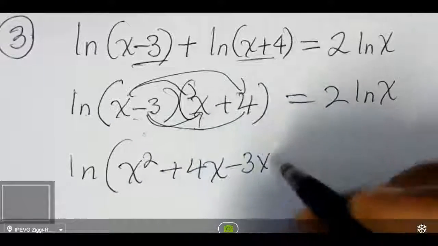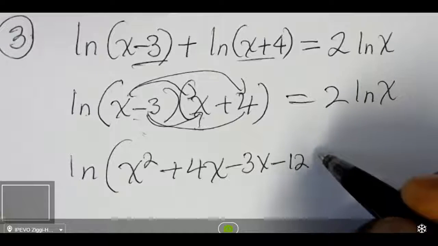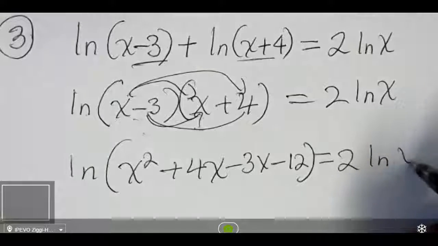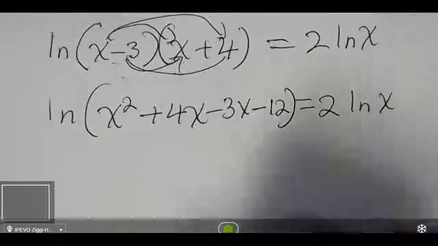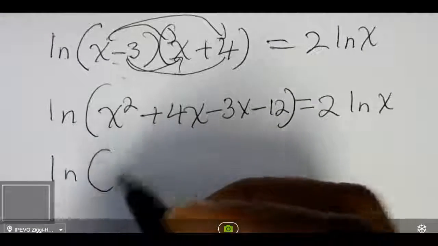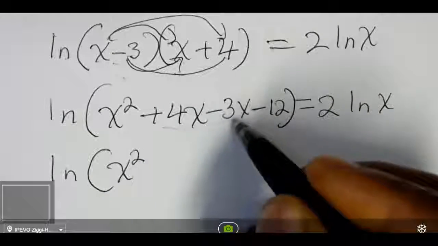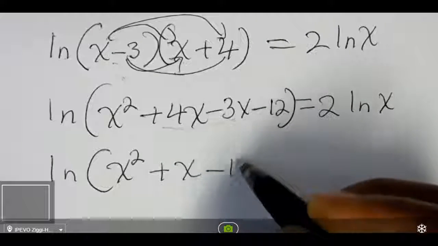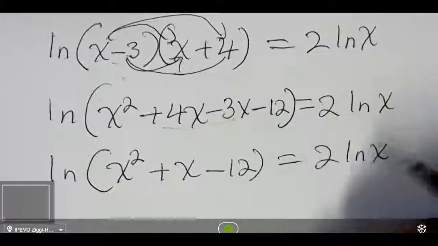And negative 3 times 4 is negative 12. Equals 2 natural log of x. Next we simplify that parenthesis. So x squared, 4x minus 3x is 1x. Then minus 12 is equal to 2 natural log of x.